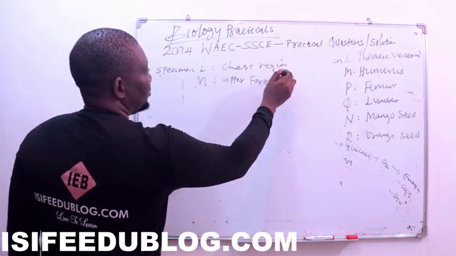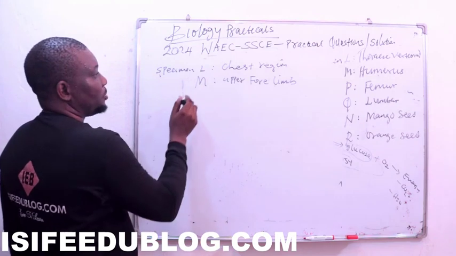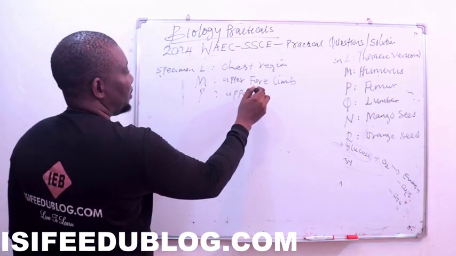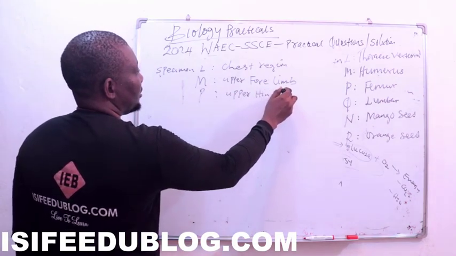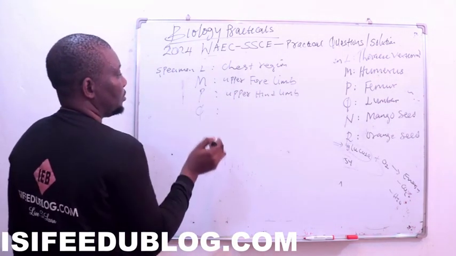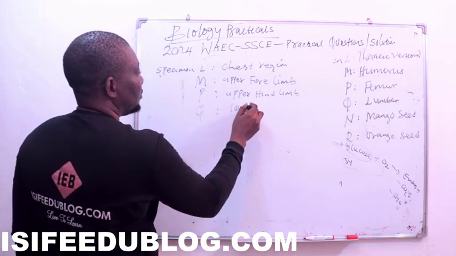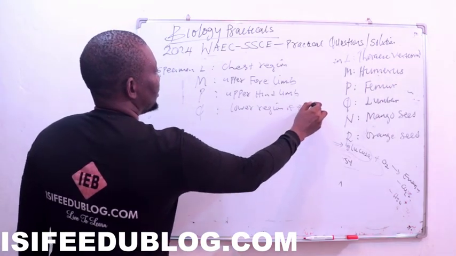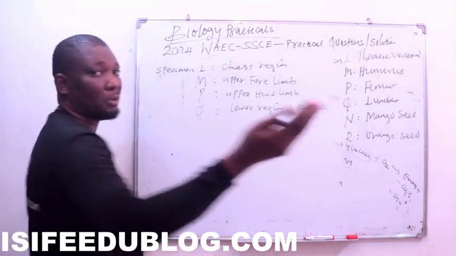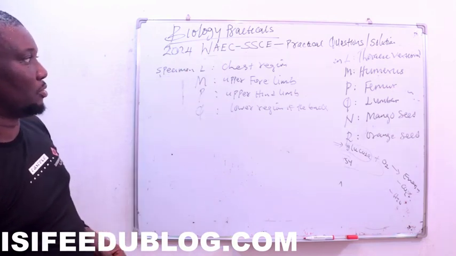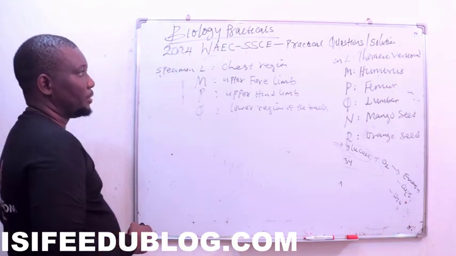That's where you see the bone. Specimen P is located at the upper hind limb, and specimen Q is located at the lower region of the back, the lower abdomen. So this is a very important fact you must know about these specimens.